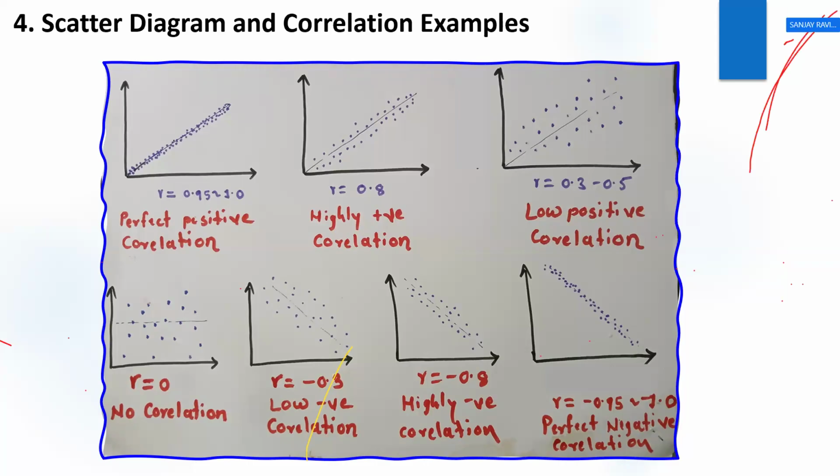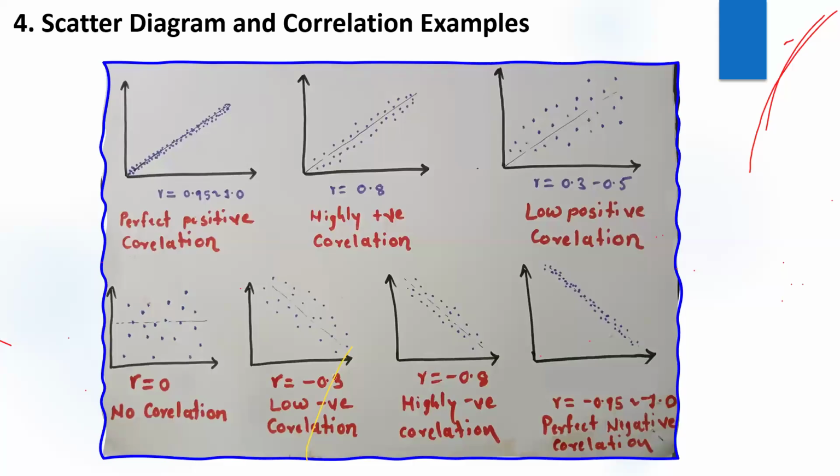I showed you how to calculate the correlation formula, and depending on the value you need to predict whether it is positive or negative, whether it is strong, medium or low. Clear? Yes, sir. So almost 50% of the tools we completed.